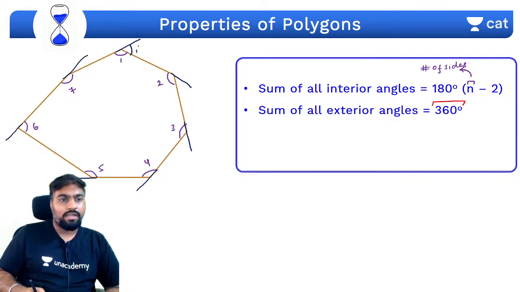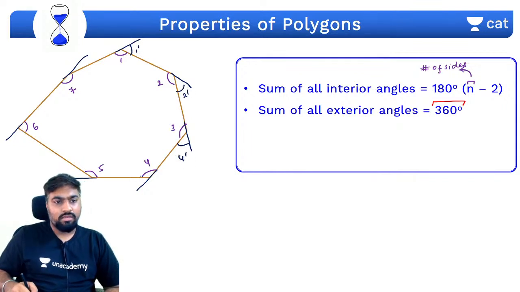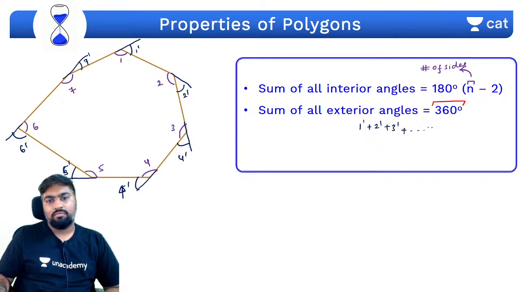Let's call them 1 dash, 2 dash, 3 dash, 4 dash, 5 dash. When you add all of them, they will always be equal to 360, irrespective of the type of polygon, right? Any kind of polygon, exterior angles must always be equal to 360. Works with any kind of polygon. Cool.